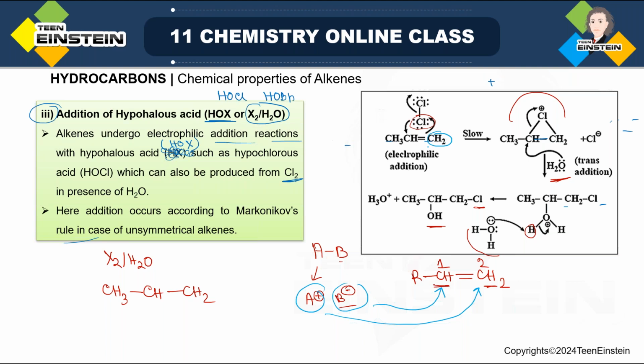In this case, this is carbon number 2, this is carbon number 1, and carbon 2 has more hydrogens. In HOCl, the oxygen part is more electronegative, so the negative part is attached to carbon number 1, which contains fewer hydrogens, and carbon number 2 contains more hydrogens. So this is all about Markovnikov's rule.